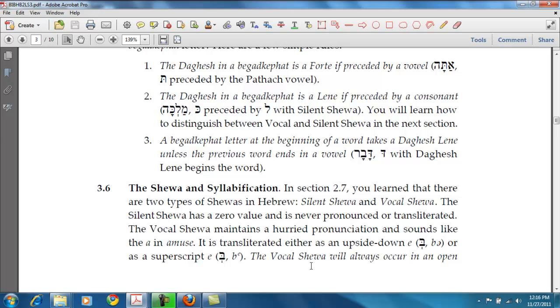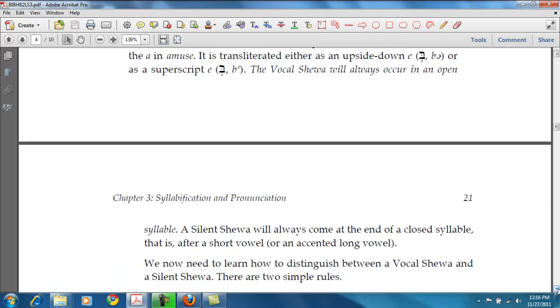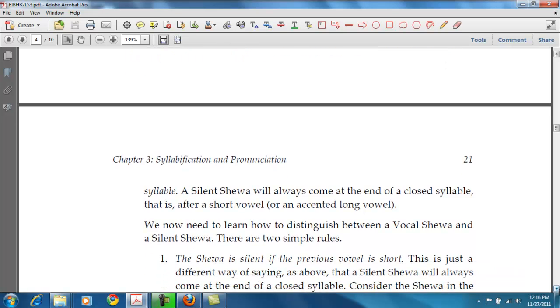Now the vocal Shava will always occur in an open, unaccented syllable. And a silent Shava will always occur at the end of a closed syllable. That is after a short vowel, either an unaccented short vowel or an accented long vowel.